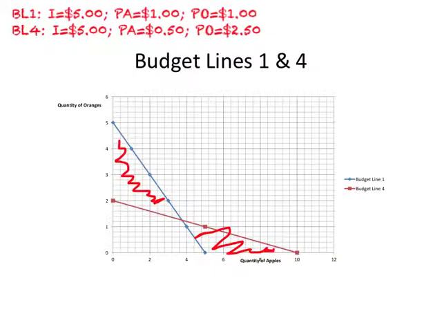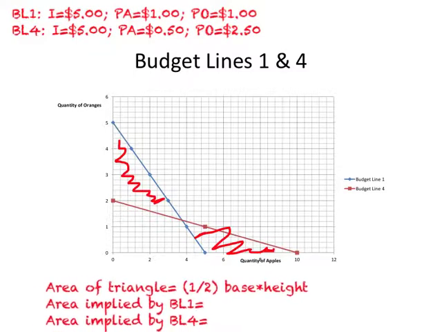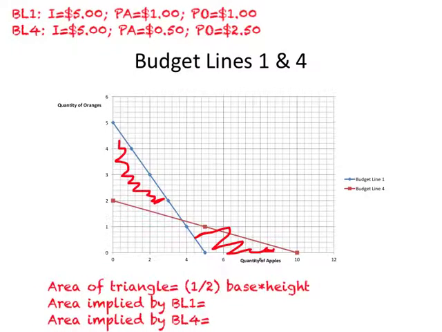So when you have a situation like this, you have to make a precise calculation. What do these budget lines imply? They imply a triangle. And so what we need to do is calculate the area of the triangle. And we know area of a triangle is half base times height. So this formula we use and calculate what consumption choices we have under each budget line.